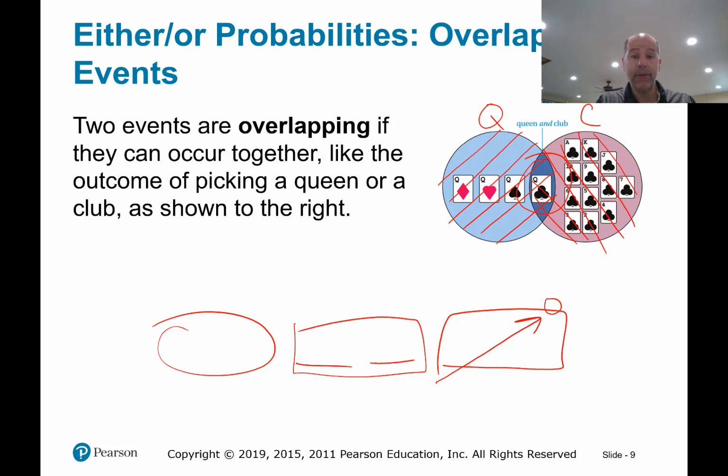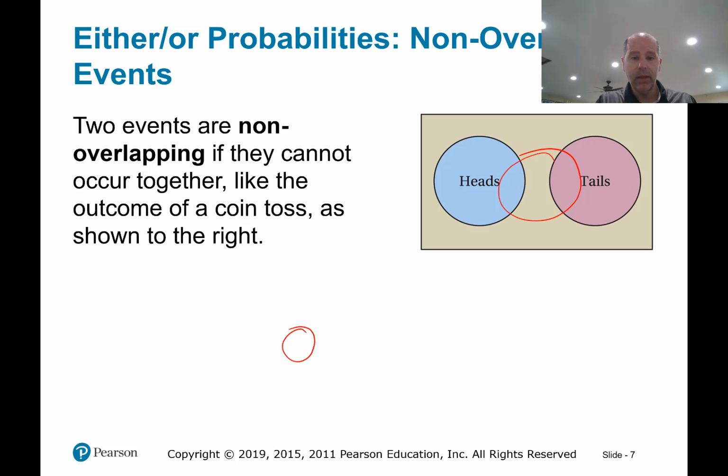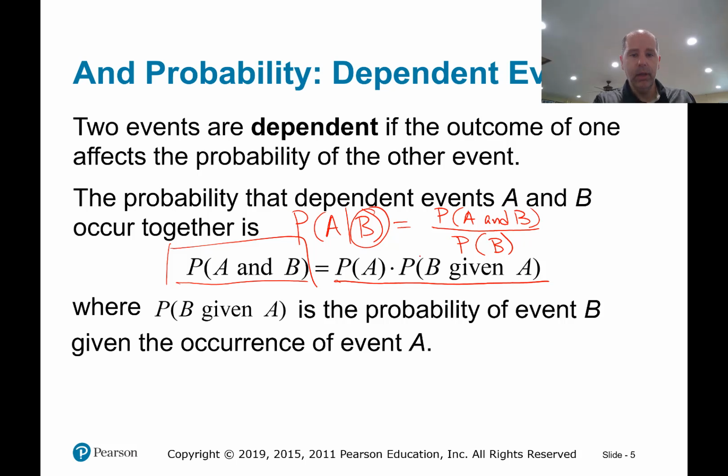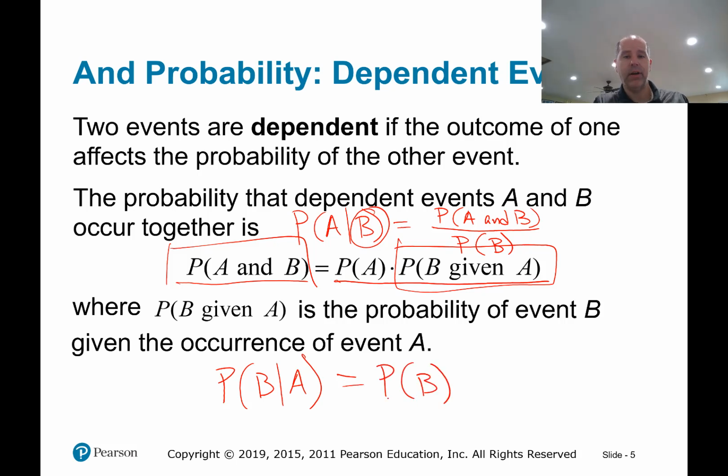Okay? So that's how we get the simplified addition rule. And by the way, if we go back to the multiplication rule, if we look at the probability of B given A, right? What if those two events are independent? What if A and B are independent? Then guess what? It doesn't matter whether we know A has occurred or not. The probability of B given A, if they're independent, just equals the probability of B, because it doesn't matter whether A has occurred or not.